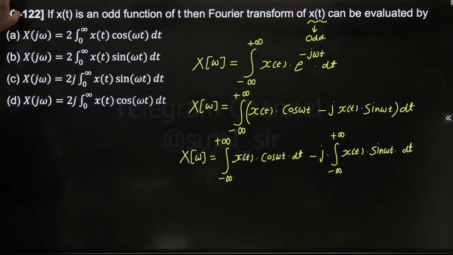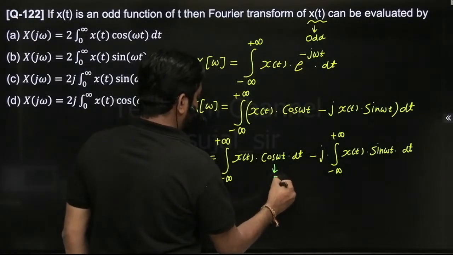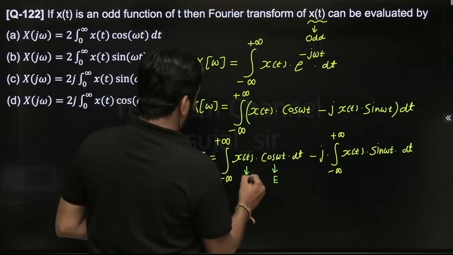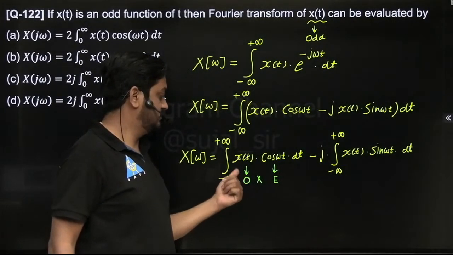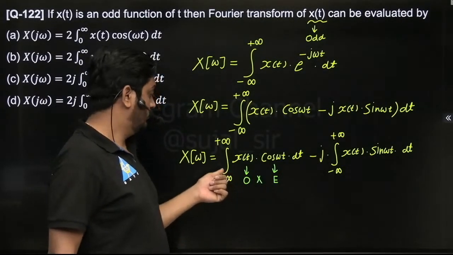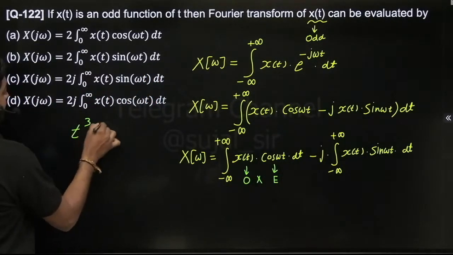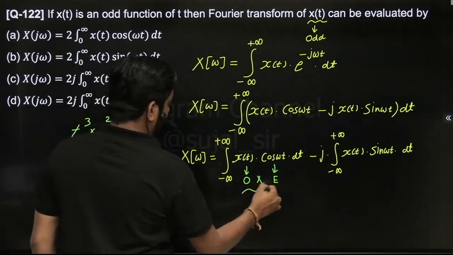Now see, they are saying x of t is an odd function, guys. So cos is an even function and x of t is an odd function. What is the multiplication of odd multiplied by even? Odd signal like t cube multiplied by even signal like t square, so it will be odd. So multiplication will be odd, guys.